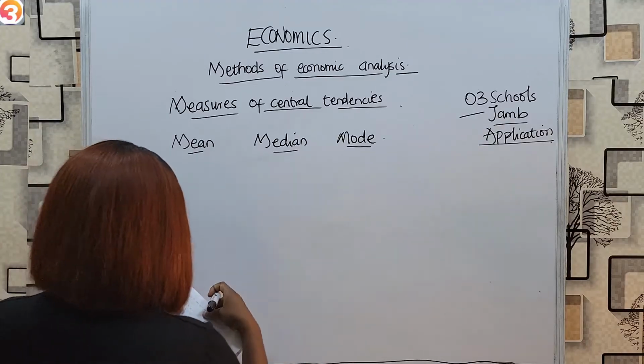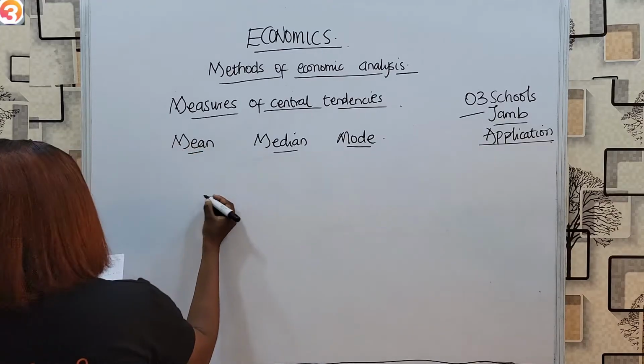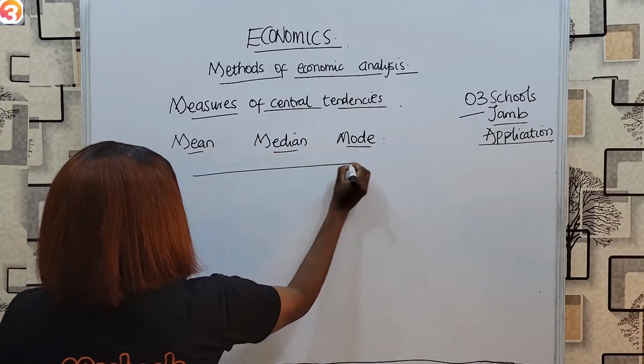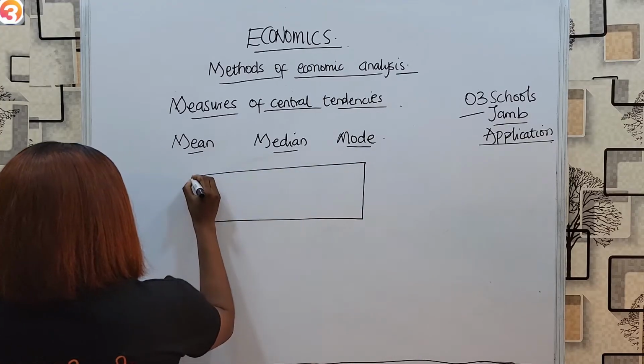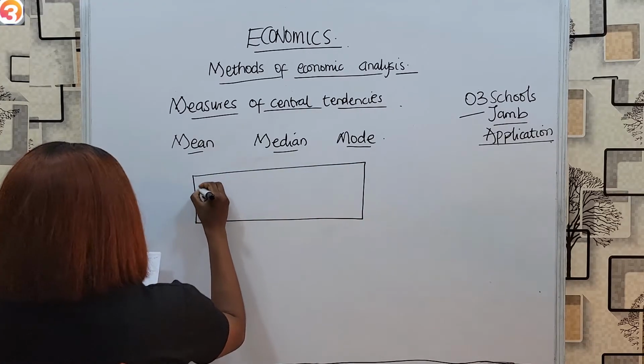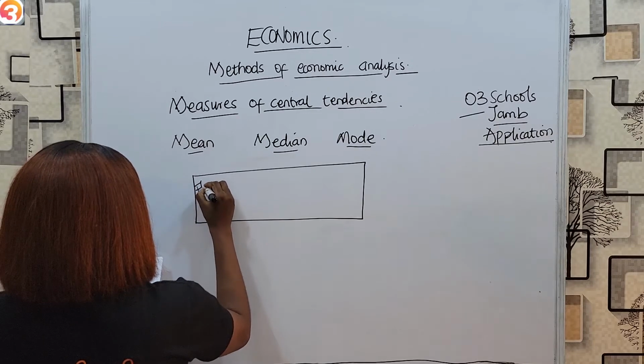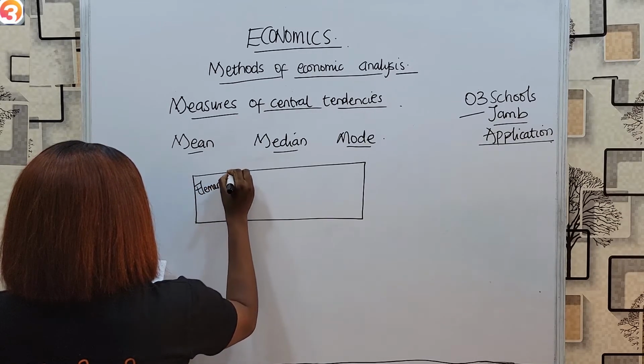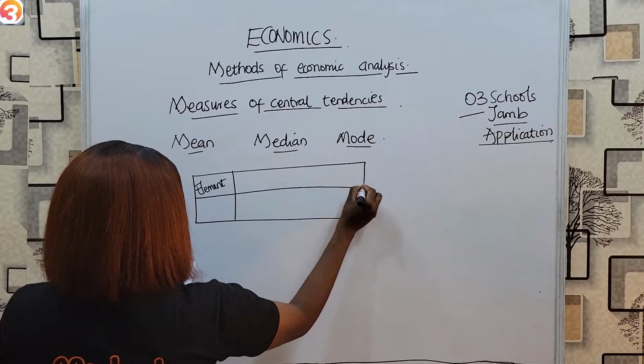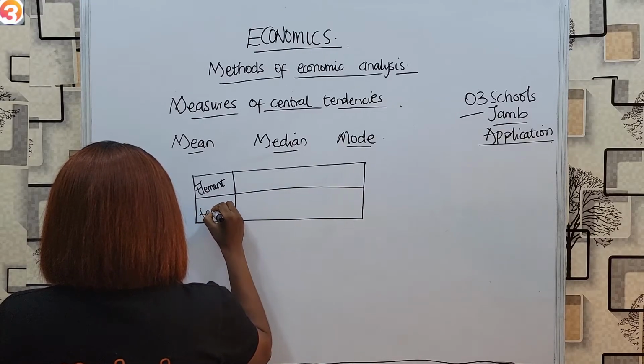Now let's look at this. Given the data above, we have a frequency table where we have elements or numbers, and we have a frequency.